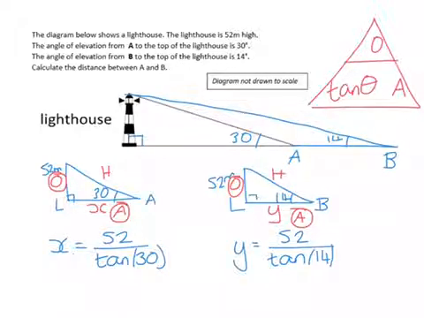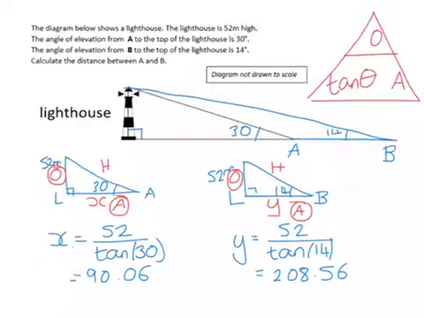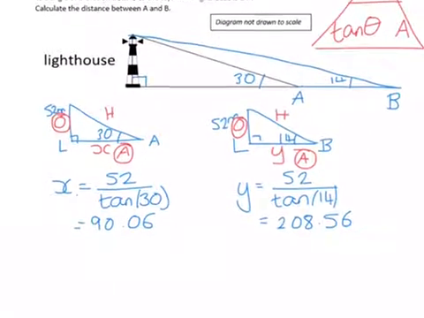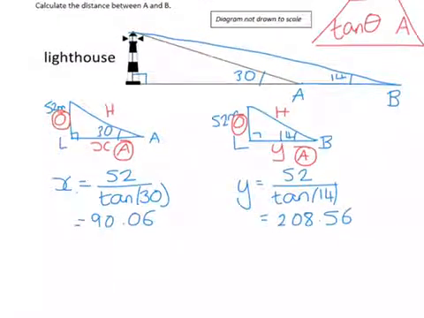So here I get an answer of 90.06, and for the other I get an answer of 208.56. So now my final step, if I just move everything up slightly so we have a bit more space, I'm just going to look at the distance between the two.